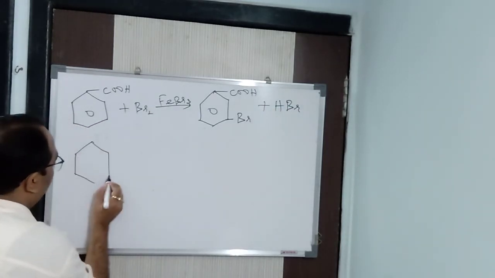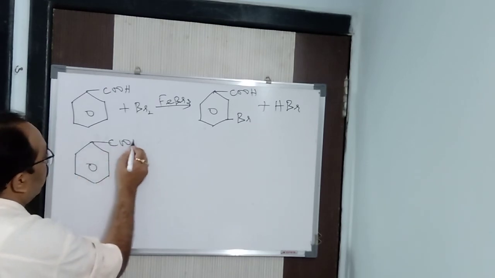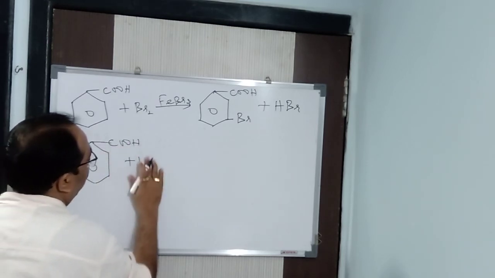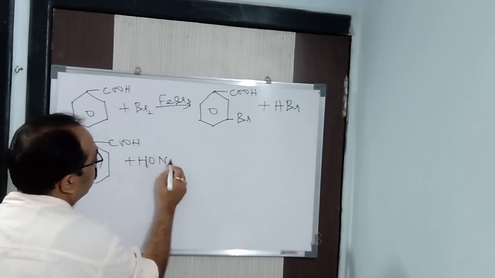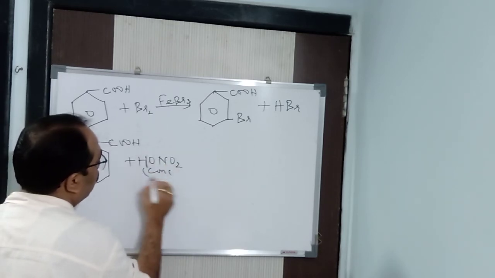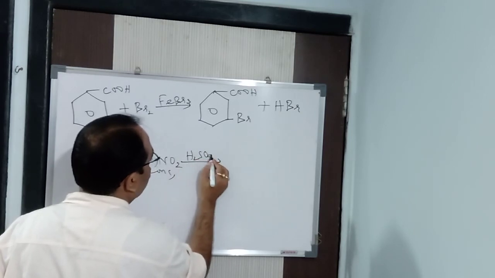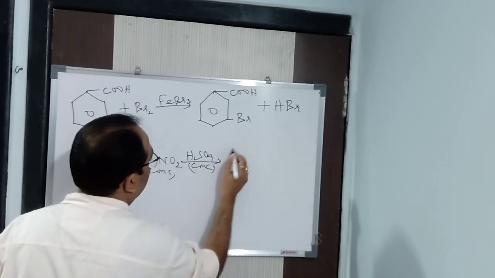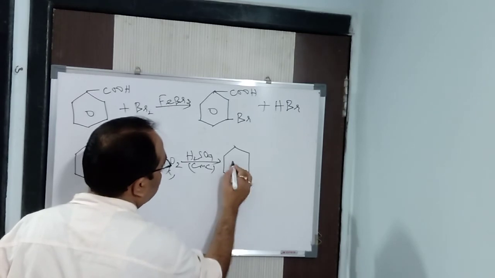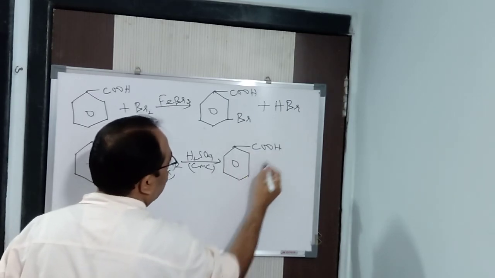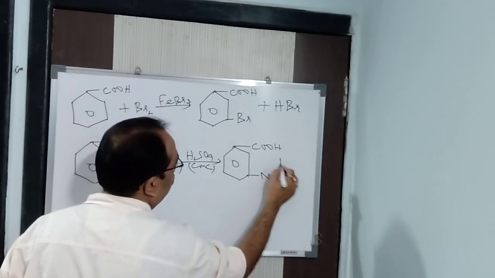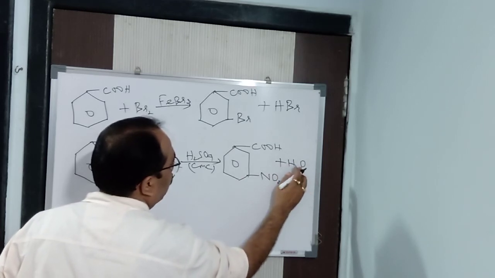Similarly, if you go for nitration, COOH plus HONO2 conc, in presence of H2SO4 conc. H2SO4 conc will remove water. So you will be getting COOH, and in the meta position the NO2 group will come, and water.